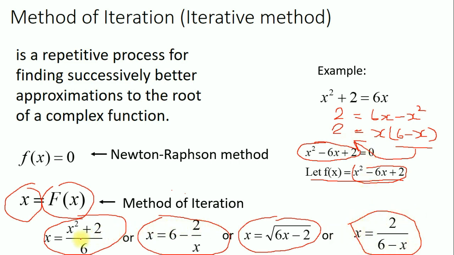So as you can see here, there are 4 different rearranged forms that you can use to find the approximation for the root. But not every one of these is suitable to be used. Sometimes the rearranged form is not suitable to find a certain root. So in the next lesson, I will explain how we know which one is suitable and which one is not suitable.